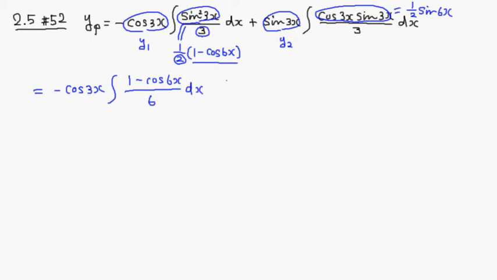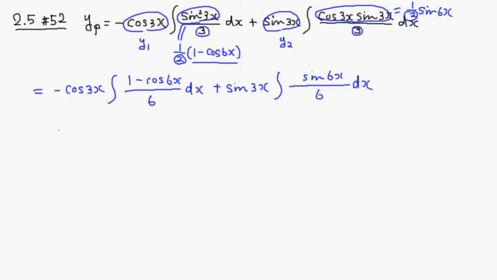The second term is going to be sine of 3x and an integral. Again, the denominator is also 6, so 3 times 2 is 6. Then you just have sine of 6x dx.